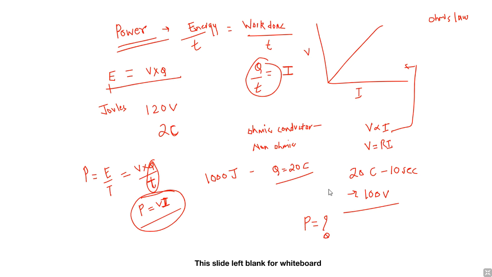It's 200. And also, what's the unit of power? Joules is the unit of energy. Don't get confused between the units. Energy and work done have the unit joules, whereas power has the unit watts, W-A-T-T.